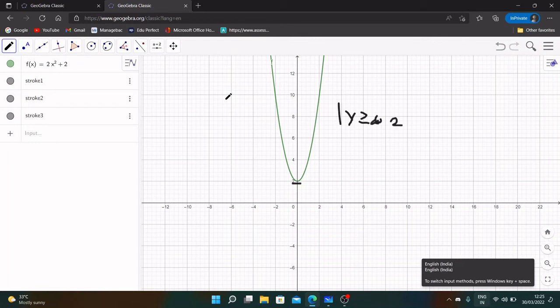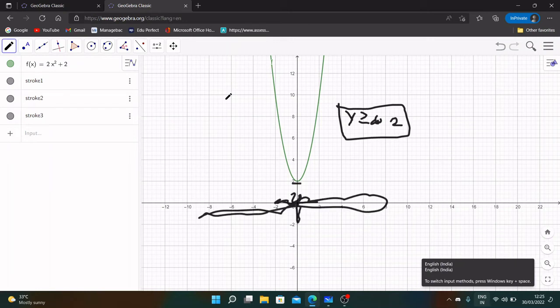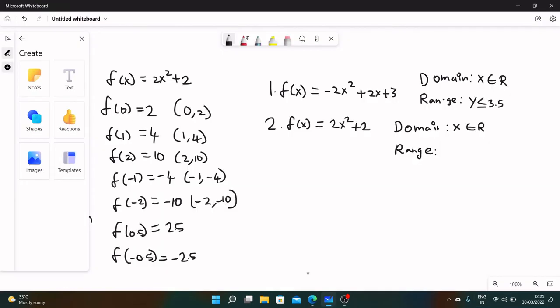It cannot go lower than 2 because you see that the graph is not over here. It's not present anywhere here. It's moving upwards. So 2 is the minimum y value. Y greater than or equal to 2.